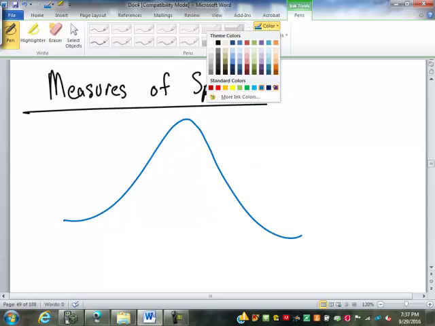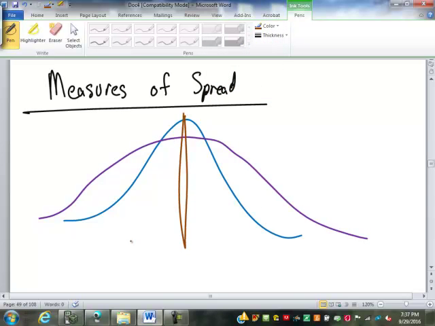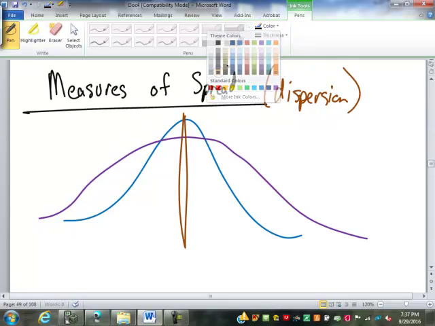So we've got the blue curve and the purple curve. They both have approximately the same center right here, but the purple one's obviously wider, more spread out. The textbook, I believe, sometimes calls this dispersion, by the way. So how do we describe the spread of the data?